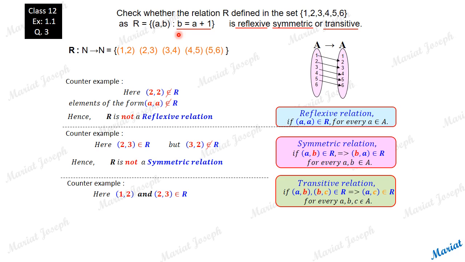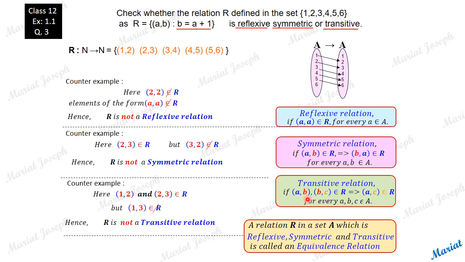How is it possible? 1 plus 1 cannot be 3. So (1, 2) and (2, 3) are there in the relation, but (1, 3) is not in the relation. Hence, this relation is not a transitive relation. A relation which is reflexive, symmetric and transitive is called an equivalence relation. Of course, this given example relation is none of them. So it fails to be an equivalence relation also.